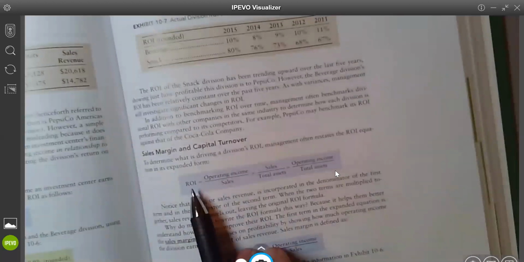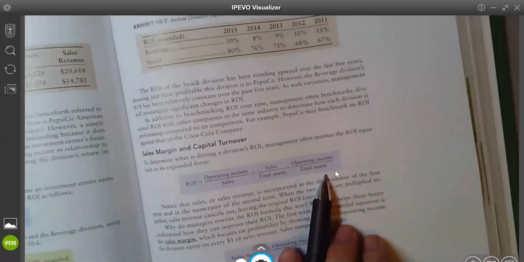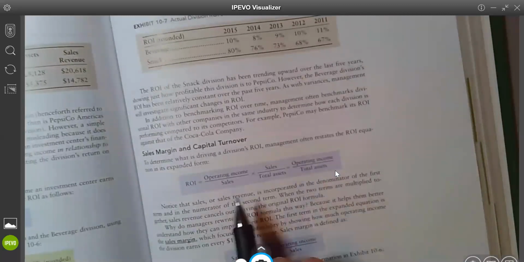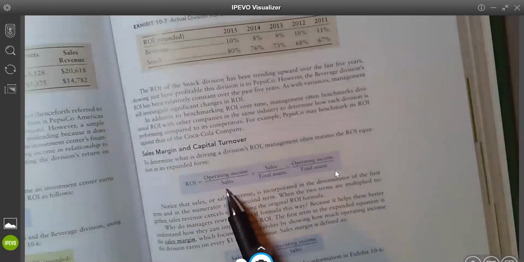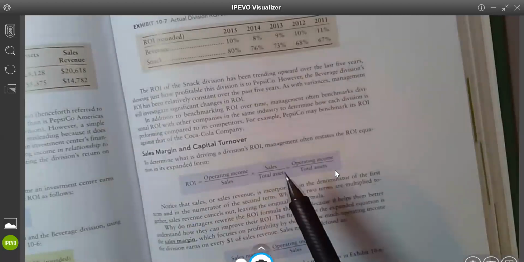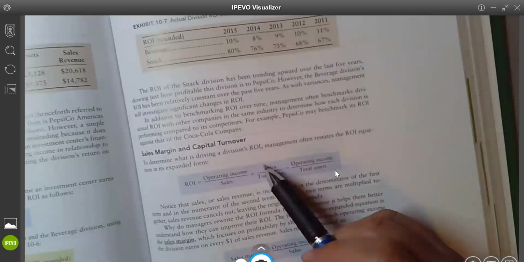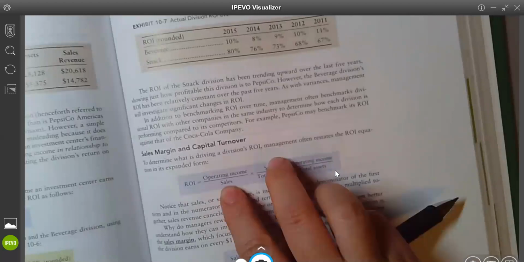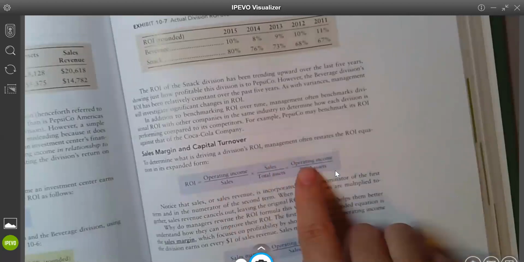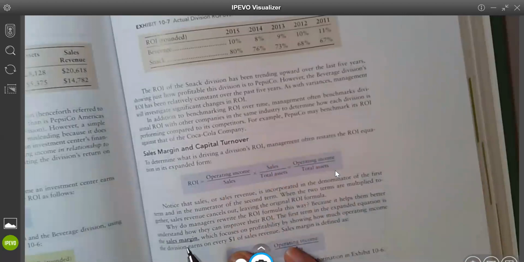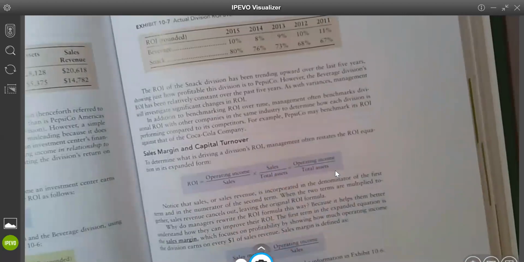Sales margin is operating income divided by sales, and capital turnover is sales divided by total assets. So if you write it out, the sales cancel each other, and it's operating income divided by total assets. That's just their relationship.